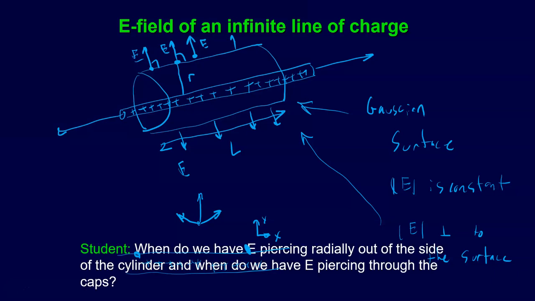All right, so here we ask, when do we have the E field piercing radially out of the side of the cylinder, and when do we have E piercing through the caps? And again, that's going to depend on your situation. This is, again, the really hard part, and it's hard to teach because you really just have to get some practice working with these different systems.